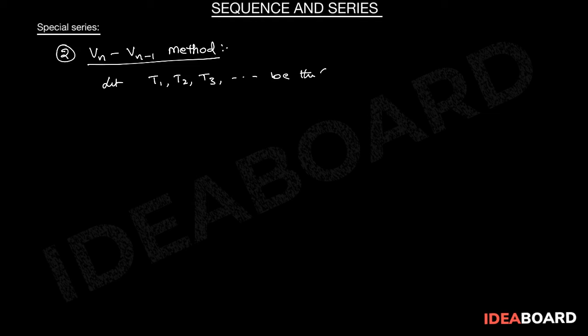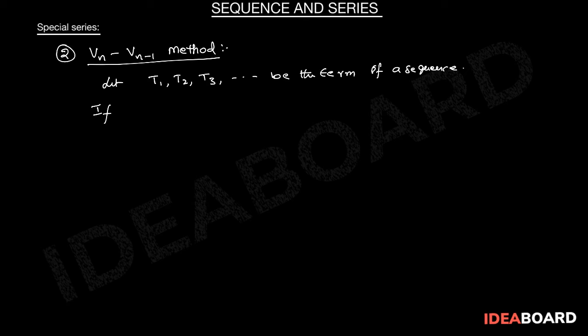Second method is the Vn minus Vn minus 1 method. Let T1, T2, T3 and so on be the terms of a sequence.